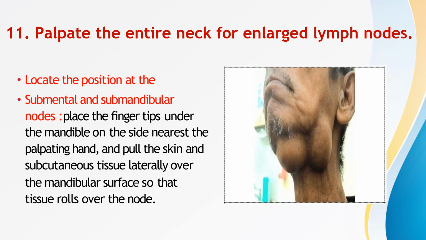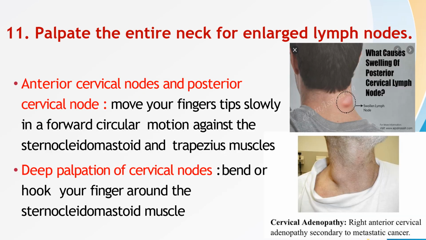Palpate the entire neck for presence of enlarged lymph nodes. Locate the submental and the submandibular nodes, such as in this patient. You can do it by placing the fingertips under the mandible on the side nearest the palpating hand and pull the skin and subcutaneous tissue laterally over the mandibular surface so that tissue rolls over the node, in case there are nodes.